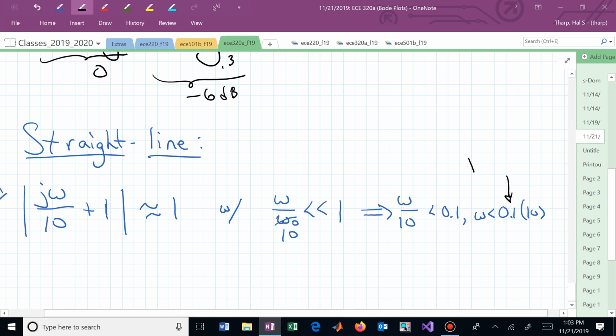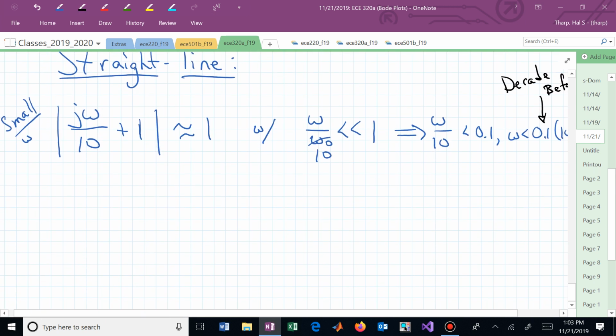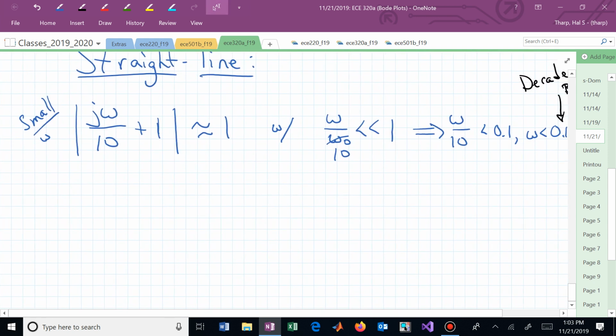Here is the decade before. In our case, that means 1. Up until omega equal to 1, we're just going to replace that magnitude as if it was just 1. And log of 1 is 0. So now we're just going to go 0 dB until at least we get to omega equal to 1.